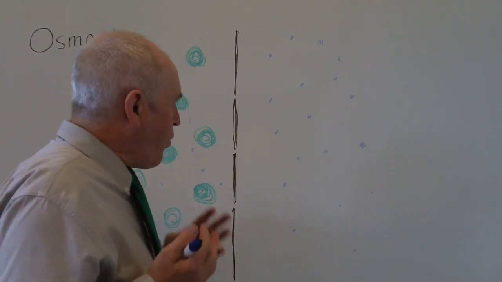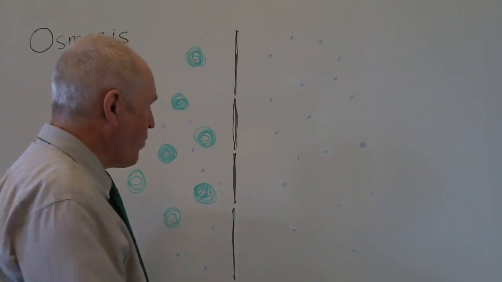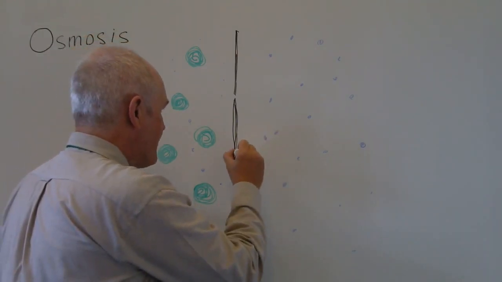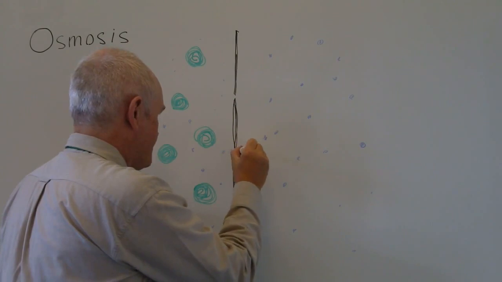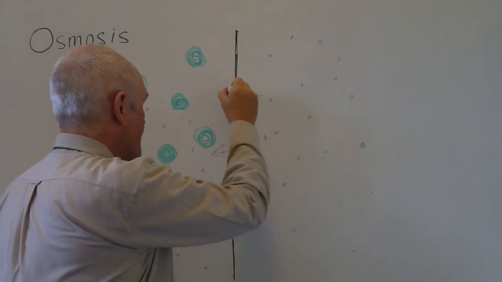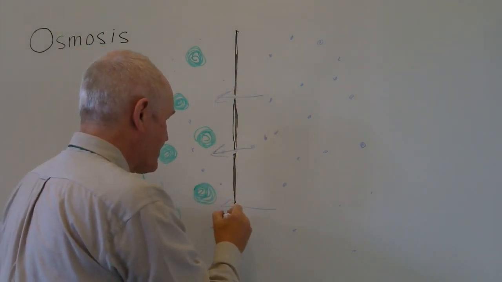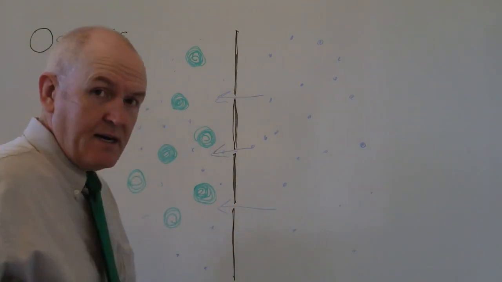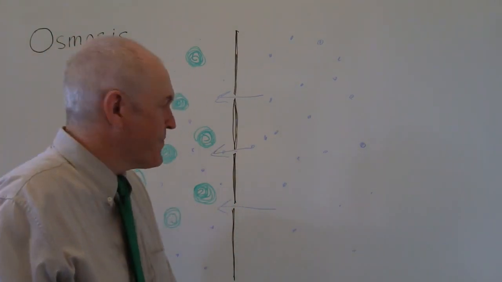Now, why does this happen? Why is it that these molecules move in this direction? Why are the molecules moving from the watery area to the less watery area?